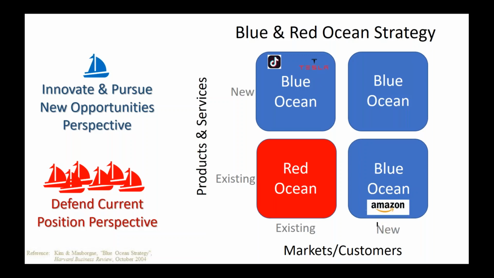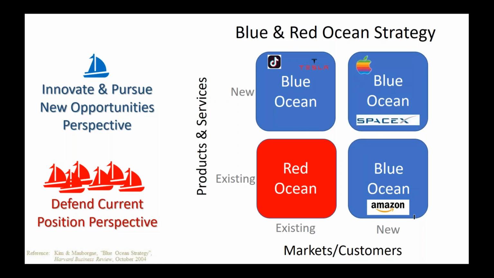Now let's move over towards the new markets and customers. You have Amazon. You have all these products and services that are out there, and on Amazon it's able to deliver to a heck of a lot more people for those markets and customers. So there's a good example there.